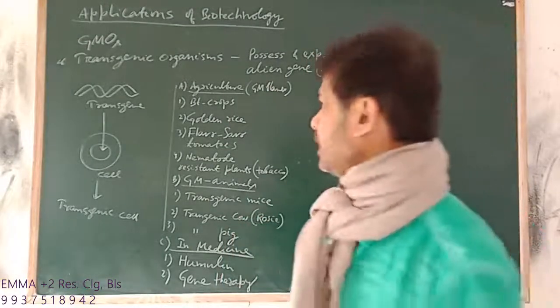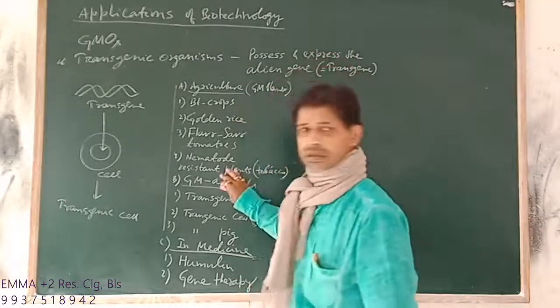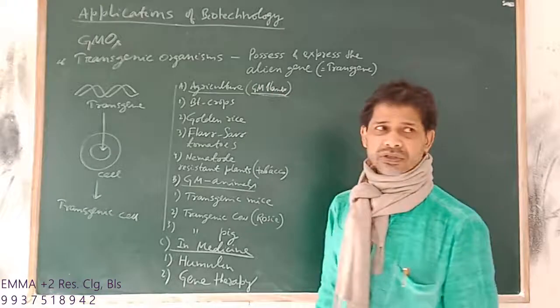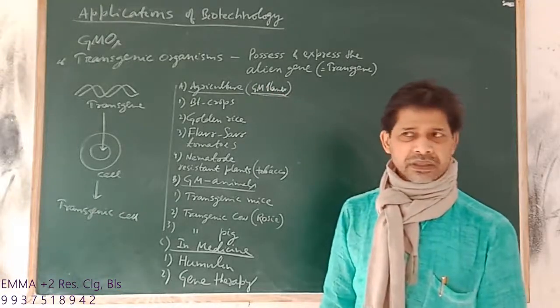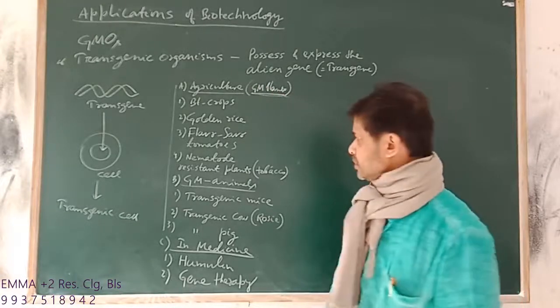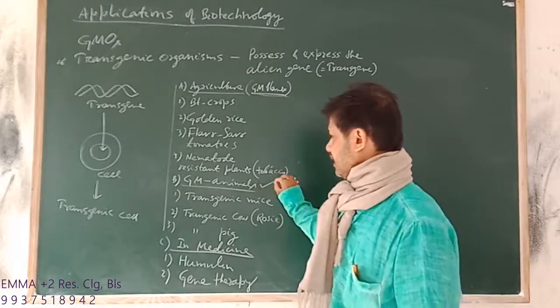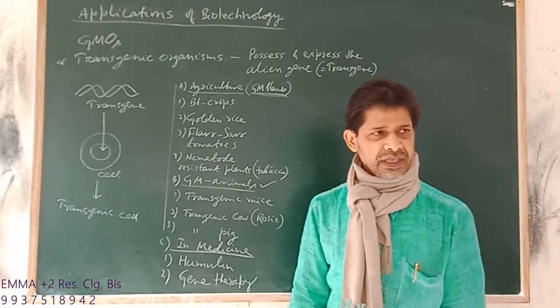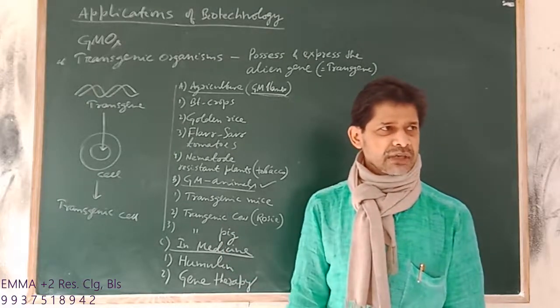It can be applied in agriculture to create genetically modified plants or GM plants. By means of biotechnology, we can create GM animals. They can give us various biological products.